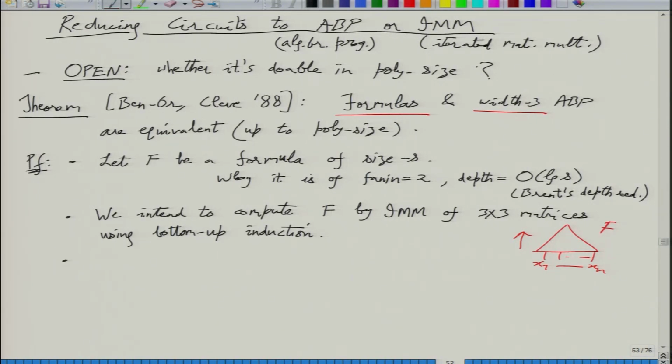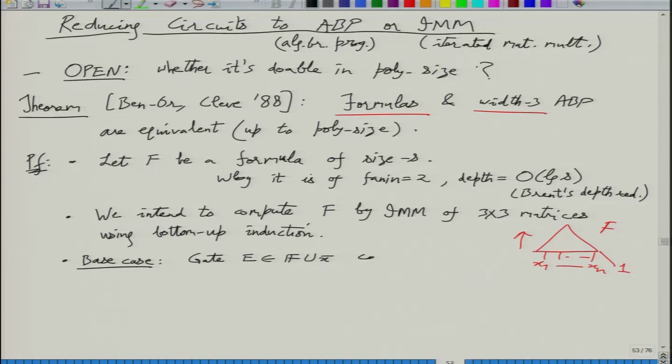So what is the base case? The base case is that your gate is simply a variable or a constant. So you may also have a constant here. Gate E is either a field constant or a variable.